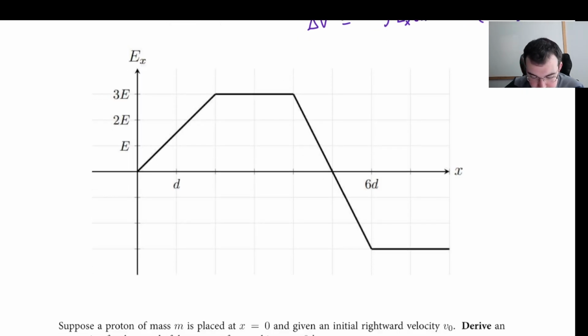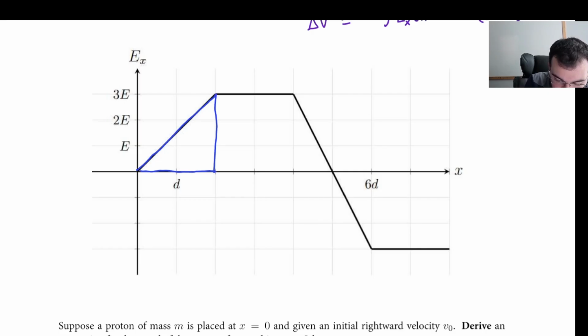Okay. So, of course, this is very geometric, so it's pretty easy to split this up into things to take the area of. So, first up, we have this triangle. So, 1/2, its base is 2D, and its height is 3E.